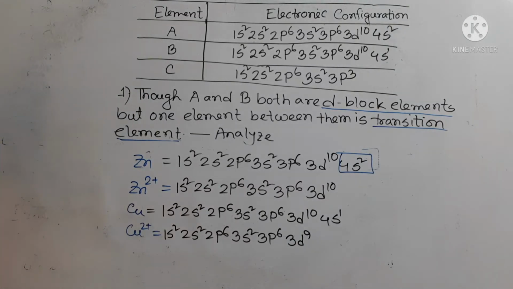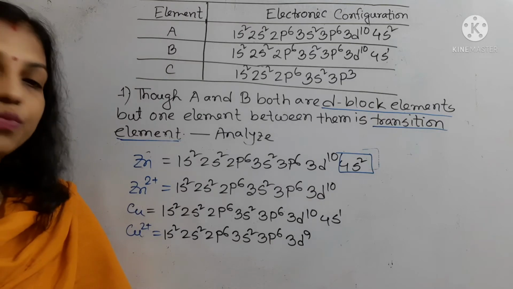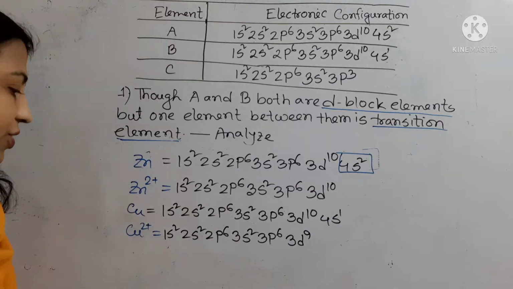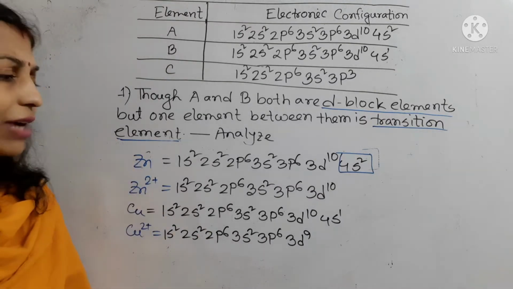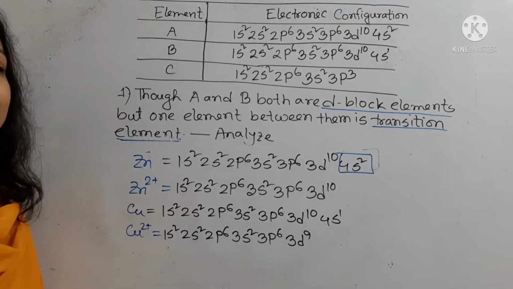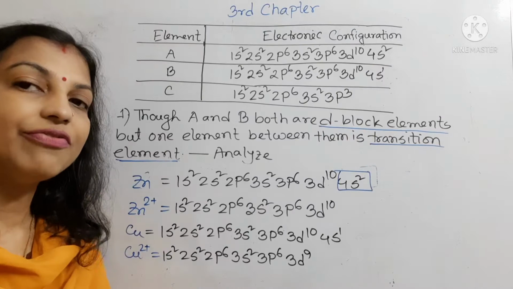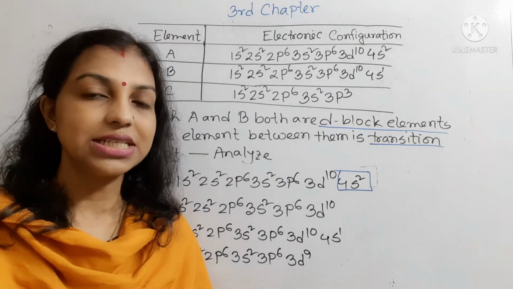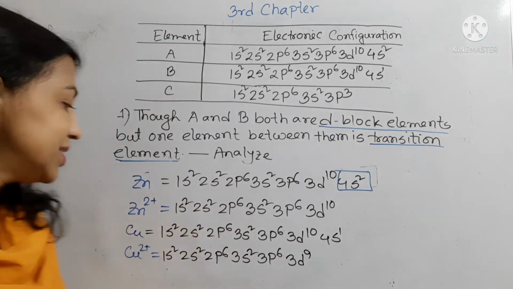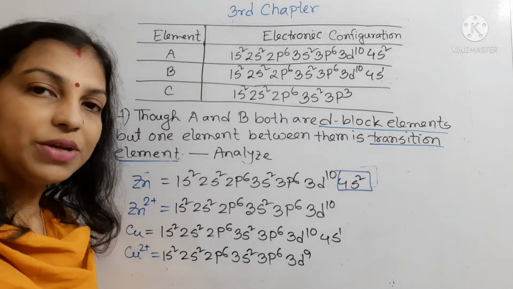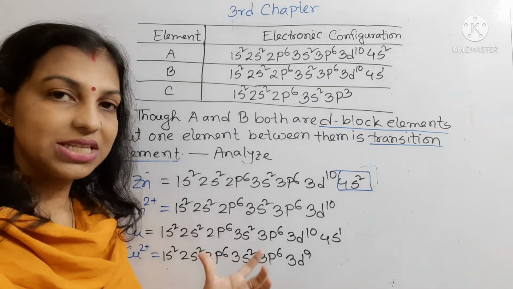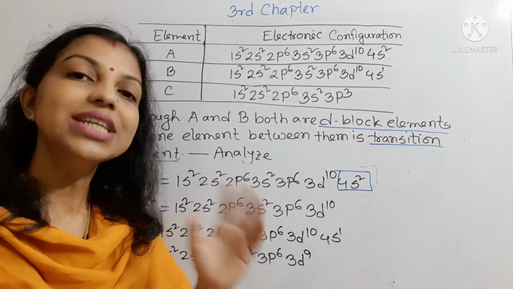So students, you have seen that in the stable ion of copper, the d orbital is partially filled. According to the definition, the d block elements whose d orbital is partially filled or half filled in their stable ionic state are transition elements.